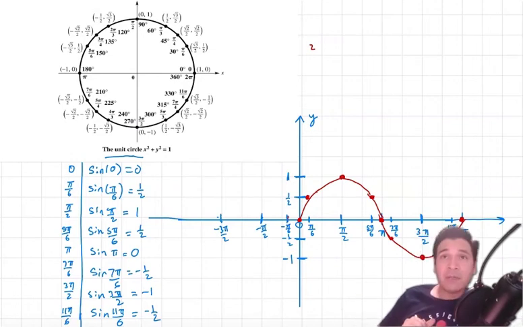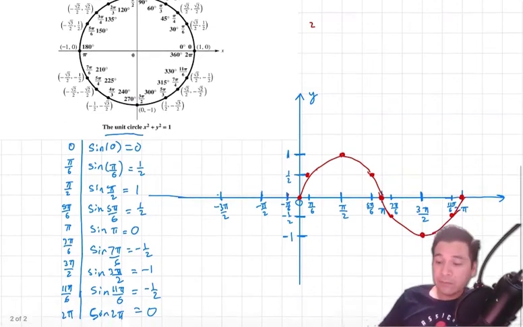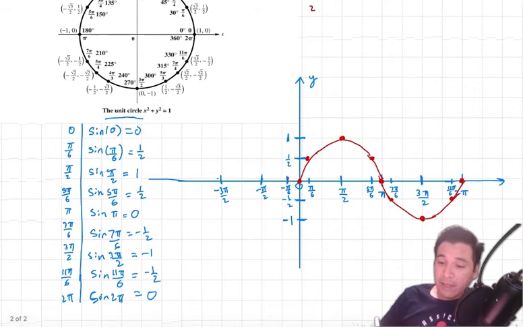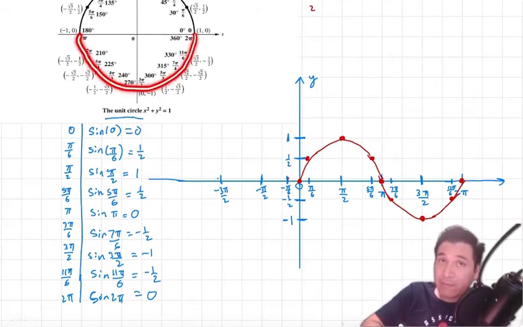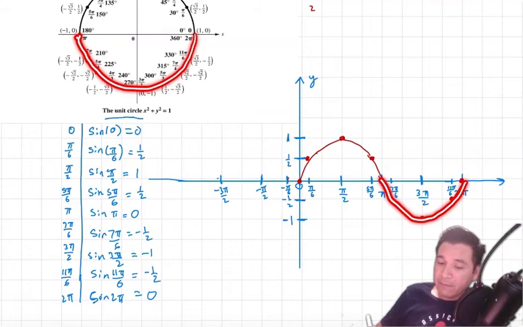I don't want to label them all, but the point is now that as I'm going this way, since it's the bottom half of the unit circle, this is going to be a carbon copy of this bottom half. So this point right here is corresponding to this point right here.